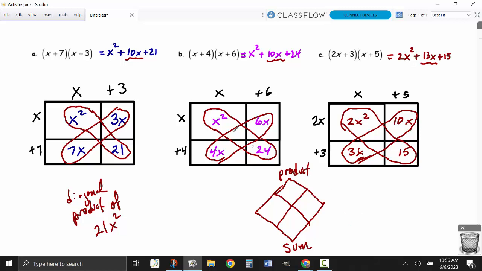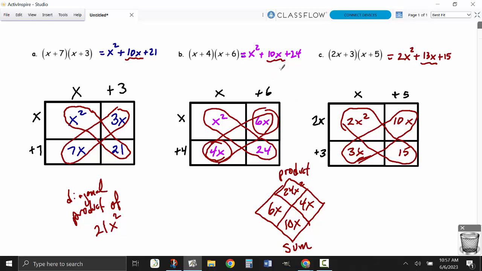For example, if I wanted to get the product of this middle one, 24x squared, to match and have a sum of 10x, the only way I could do that is 6x and 4x. Those are the pieces that go here, which means the diamond problem is going to help us determine how to split up the number of x's that we have.